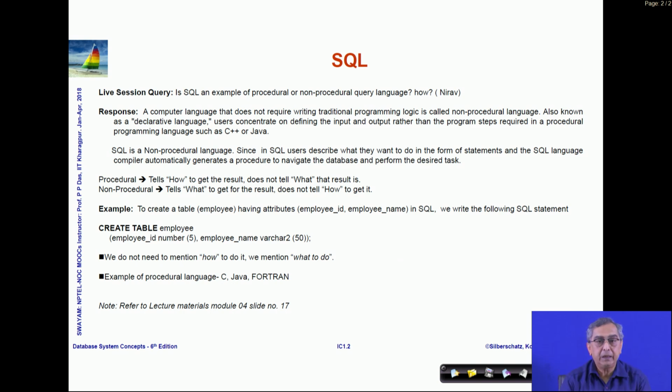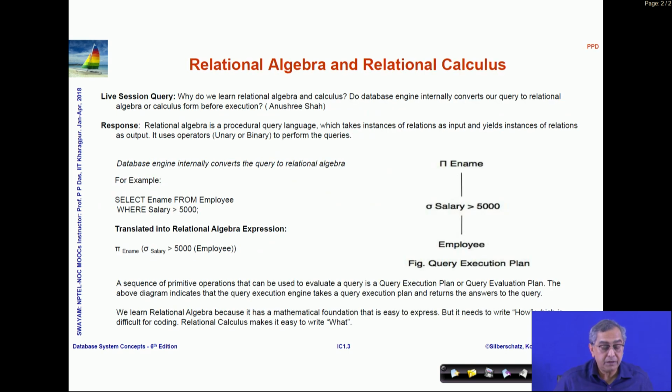I want every tuple to exist in the output, provided they satisfy the condition given in the where clause, where there could be really complex conditions. And finally, you specify in the select line the columns I want in the output. So, you are specifying what you want in terms of the result, and therefore SQL is a non-procedural declarative language. I think that should answer your question.